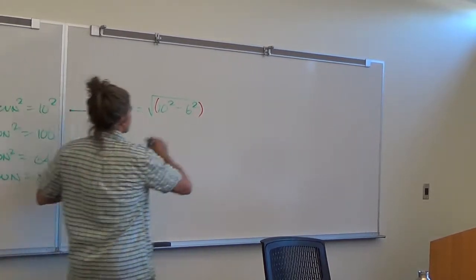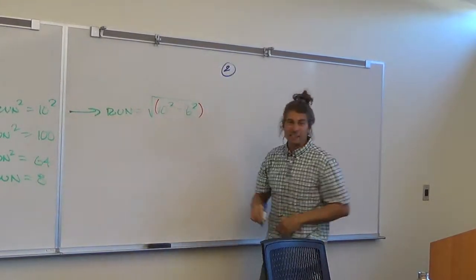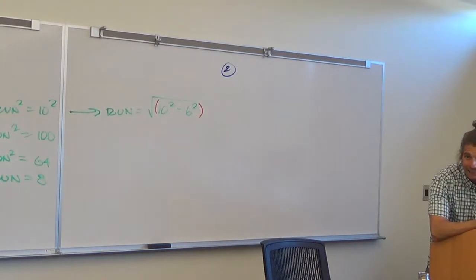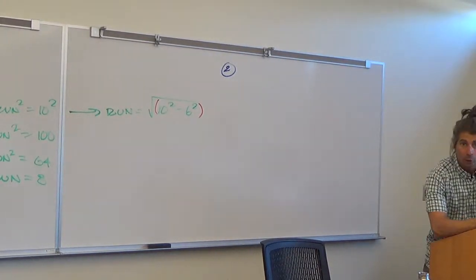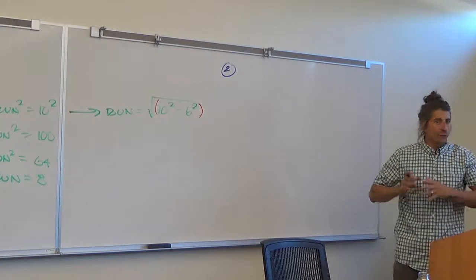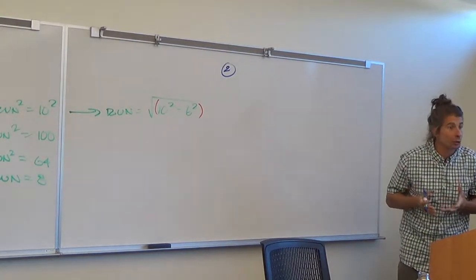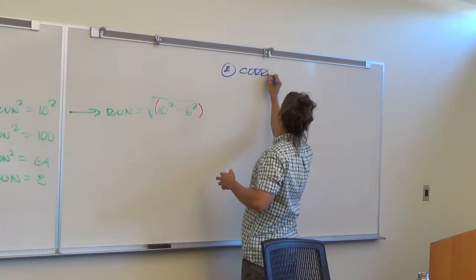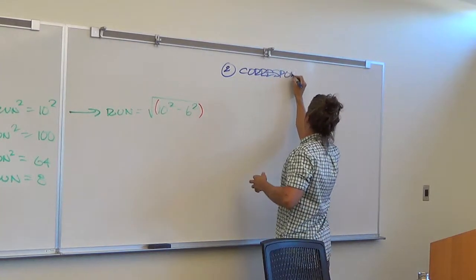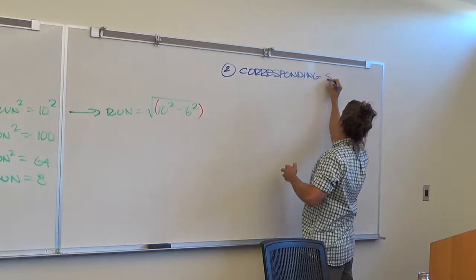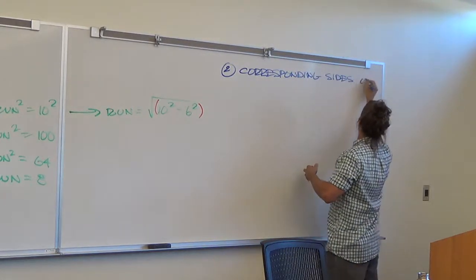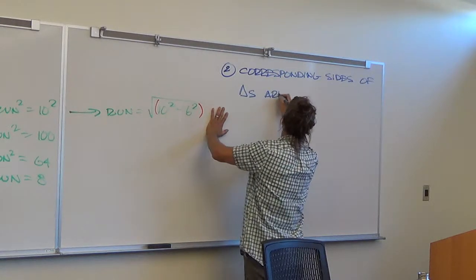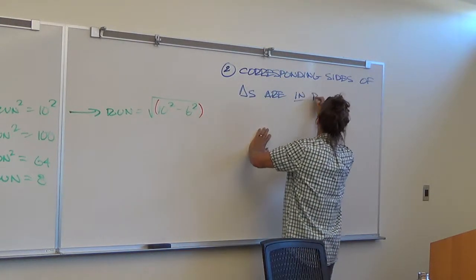Anyway, part 2 of similarity is that corresponding sides of the figures, of the triangles, are proportional. Oh, I love that word. Corresponding sides of the triangles are in proportion.